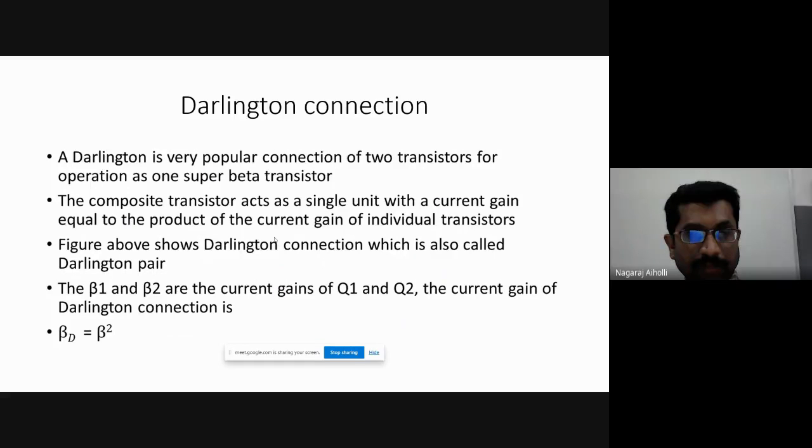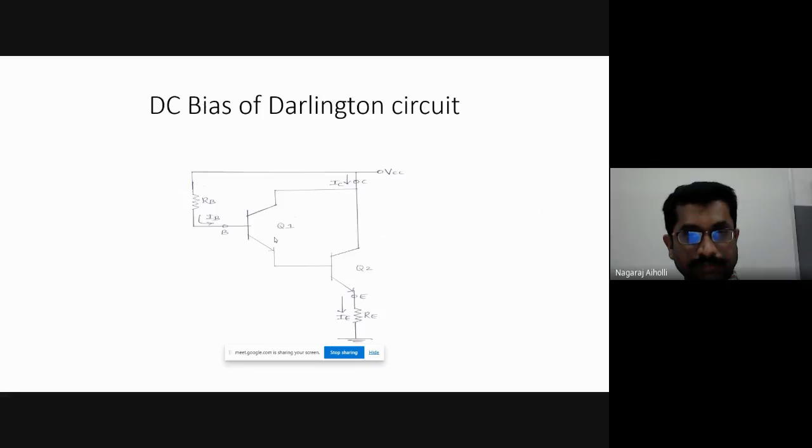The total current gain will be the product of the current gains of the individual transistors, that is beta 1 into beta 2. If the two current gains are identical, then beta D will be beta square. This is the DC biasing of the Darlington circuit. We applied the KVL equation to the input portion of the circuit, from collector to base, emitter, then emitter to ground.